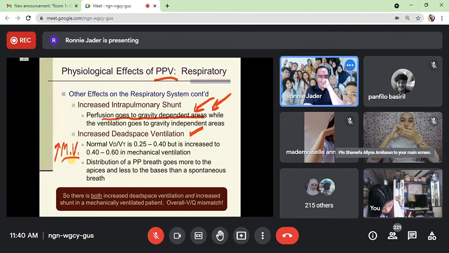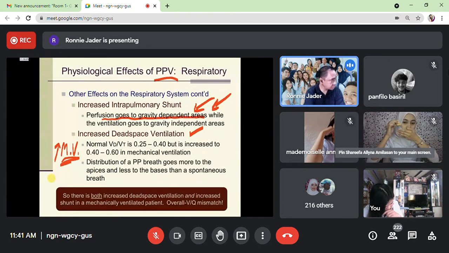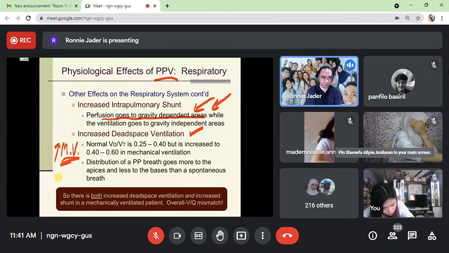All right. And we see that in our basic ventilator settings. A normal person will have a minute ventilation of about 5 liters per minute. On a mechanical ventilator, it also has to be 6.5 to maybe even 7 liters per minute. All right.